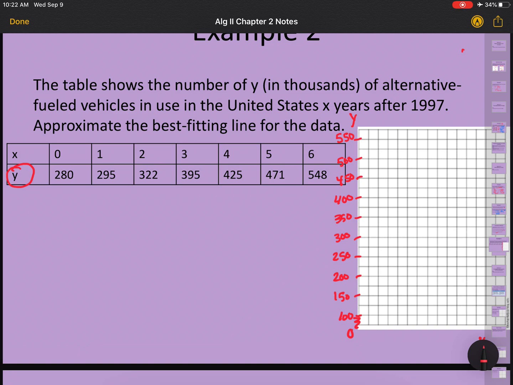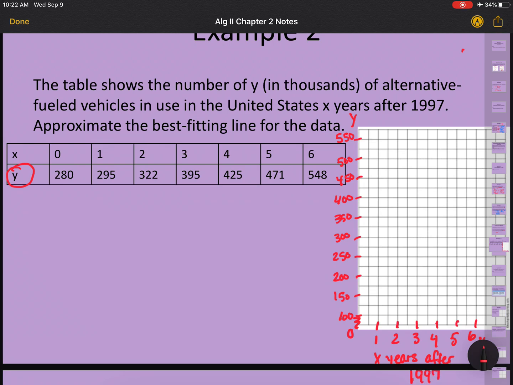And then down below for my x-axis, I'm going just by 1s, from 0 all the way up to 6. So I'm going to start at 0. I'm going to make this 1, 2, 3, 4, 5, and 6. X represented X years after 97.